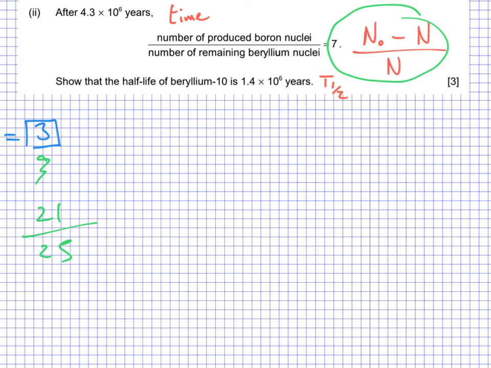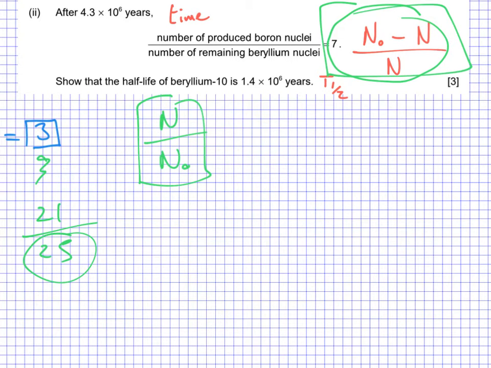What we're looking for is we're trying to get a ratio of our original, in other words, what the exam is out of, the total amount that it's out of. This would be the 100%, and then the remaining score, or the remaining number of nuclei. So if I can rearrange this statement into an N over N naught, I'm going to get a percentage.